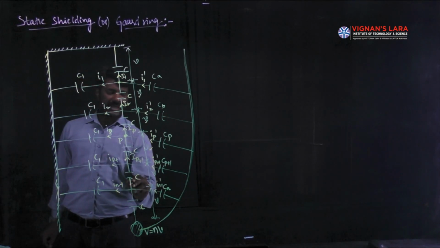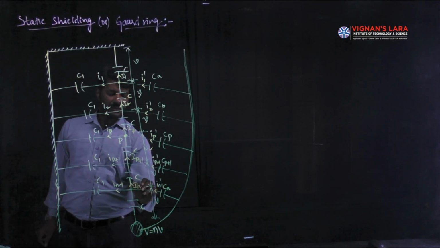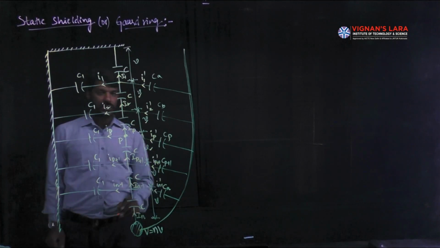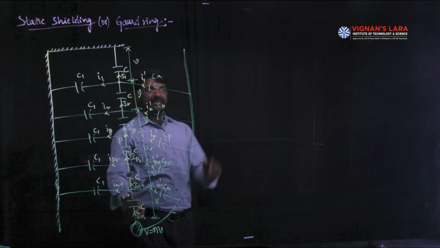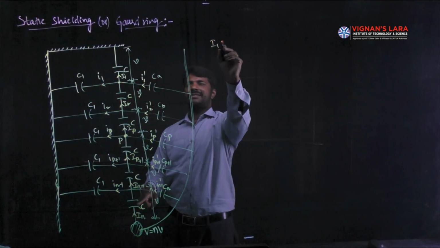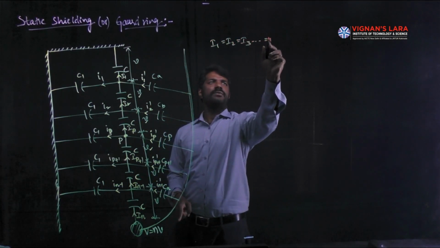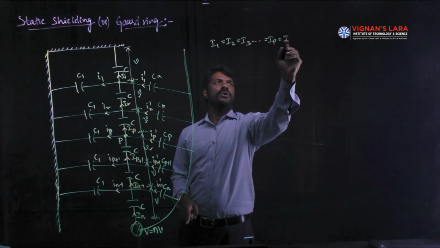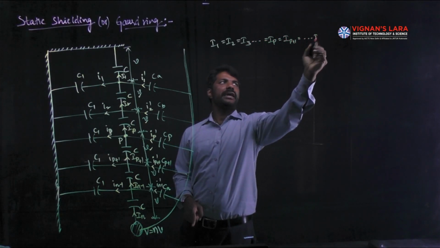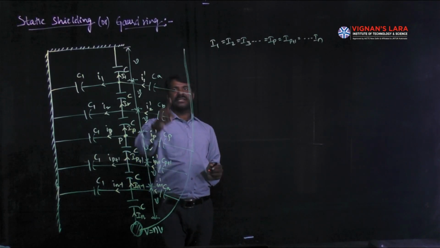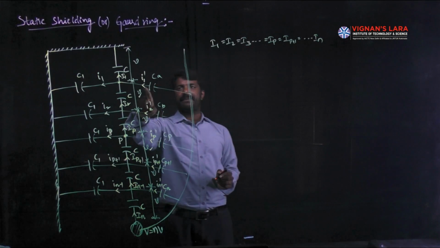This is IN minus 1, and this is the nth unit carrying a current of IN. Of course, all these capital letter currents are to be maintained the same. That is, I1 is equal to I2 is equal to I3, and so on, which is equal to IP, which is equal to IP plus 1, holding good up to IN. Like that we have formulated, because of the compensation currents which are provided due to the shield capacitance.